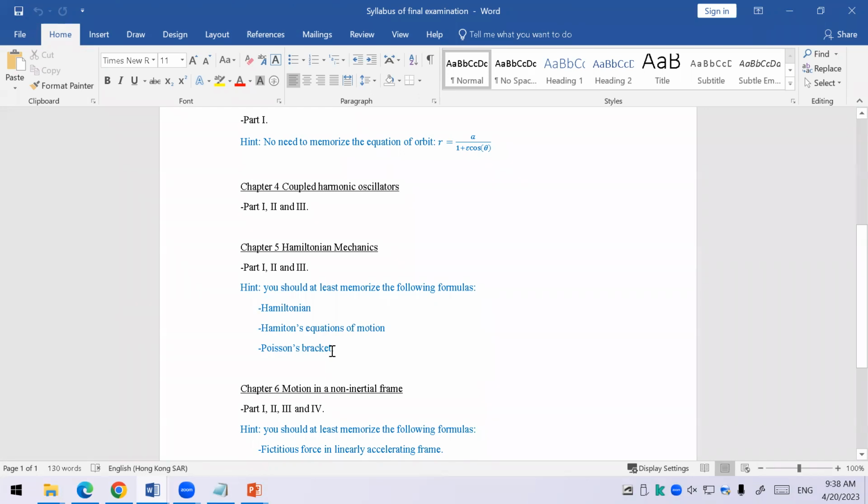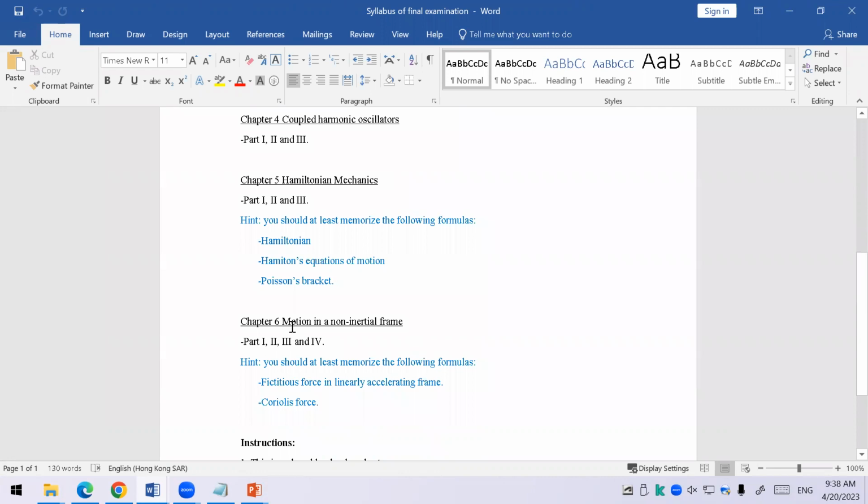And finally, chapter 6. I'll test you on part 1, part 2, part 3, and part 4. Part 5 is excluded. Part 5 is just about one example, one important problem, which is the Foucault pendulum. That one is excluded.